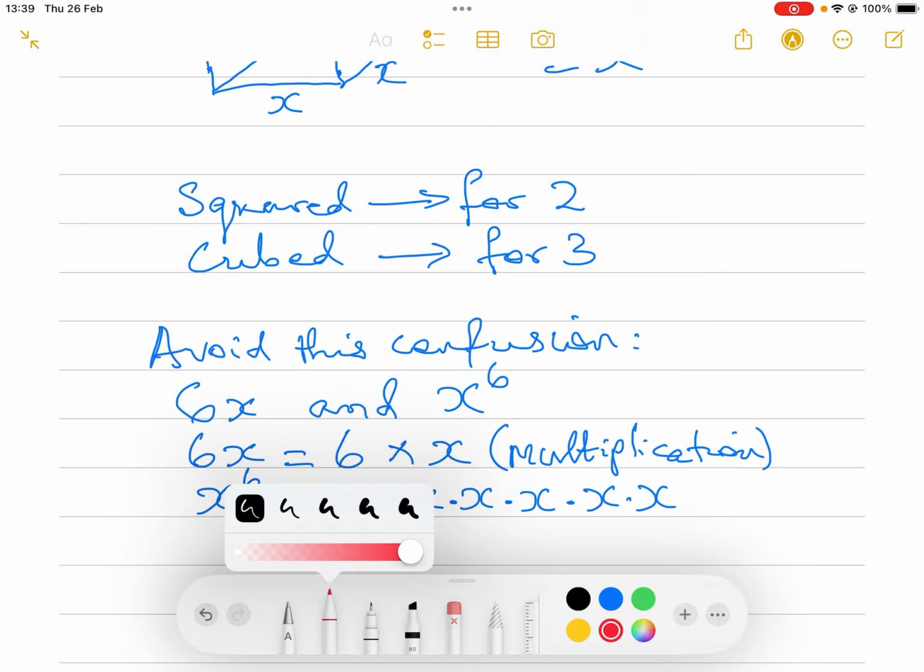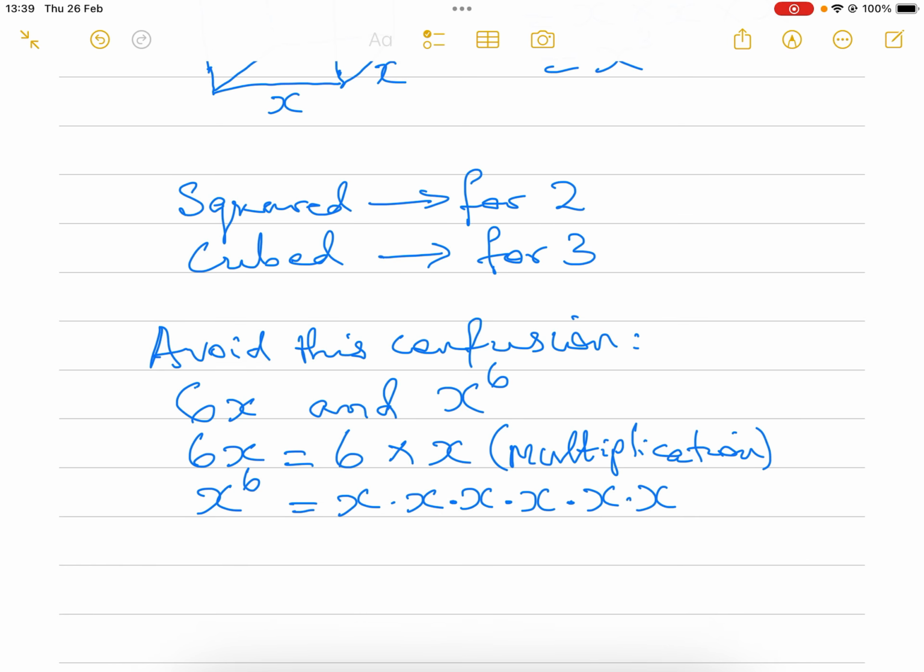Just to make it clearer, this one is multiplication by 6. This one is repeated multiplication.